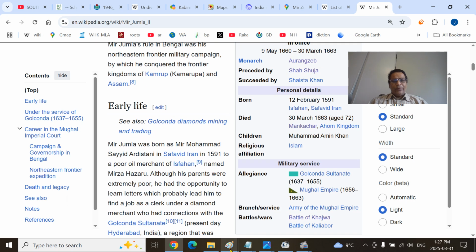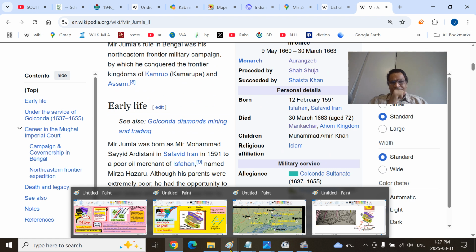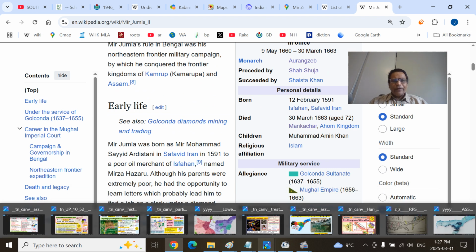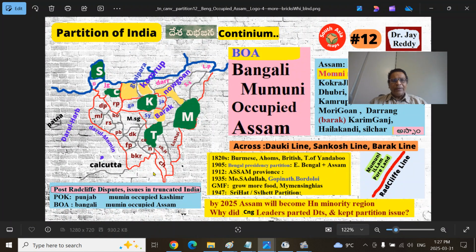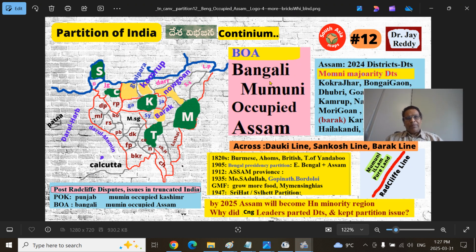Why we should understand this: how physical geography contributes to better understanding. This is the historic East Bengal, Purbi Bengal. How is Assam now flooded with the Mia people, Bengali Muslim settlers occupying Assam? The physiography plays a very critical role during the Grow More Food campaign, that is the flooding of Assam with Mymensingh people, Mia people. This region played a very important role. Goalpara, this is the Dauki Fault, this is the Barak line, this is the Sankosh line.